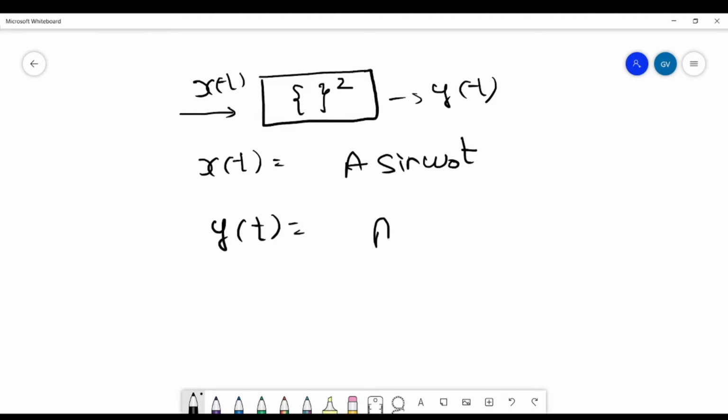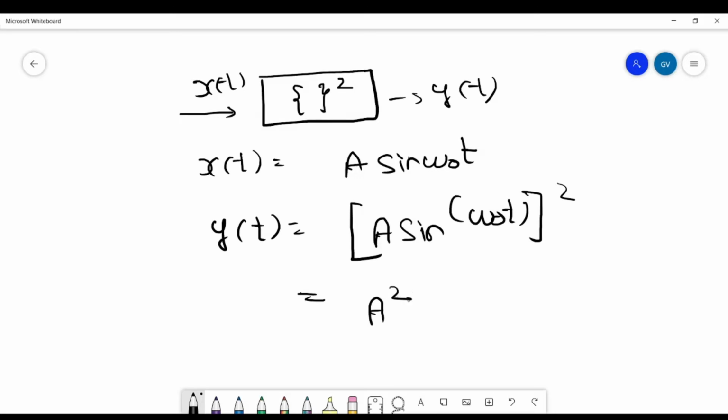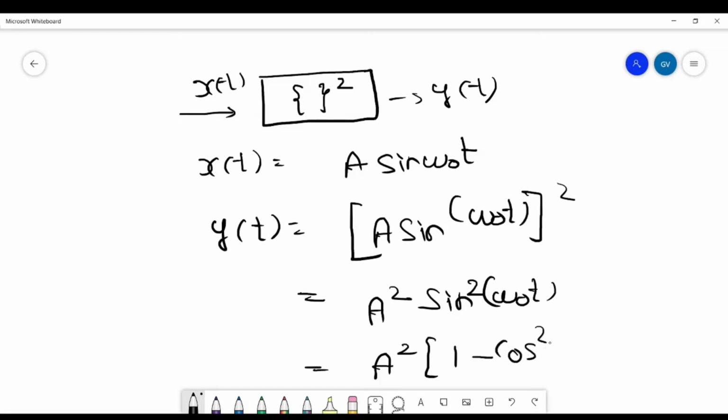Y of t will be (A sine omega naught t) whole square, which is A square sine square omega naught t. If we further solve it, we can call it A square times (1 minus cos 2 omega naught t) by 2. So what is the system performing? It is doing a square operation on x of t, and we are getting an output y of t. This is the basic operation of a system.